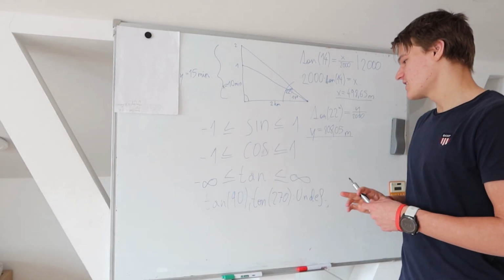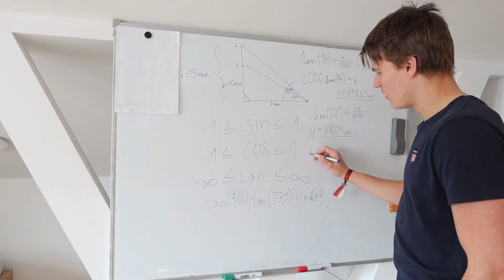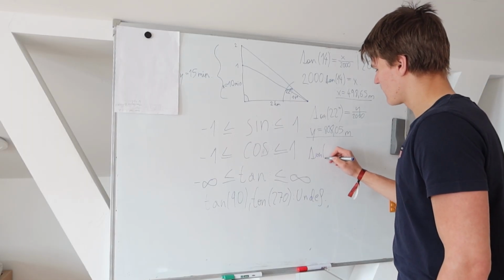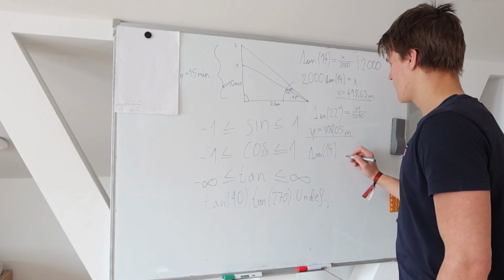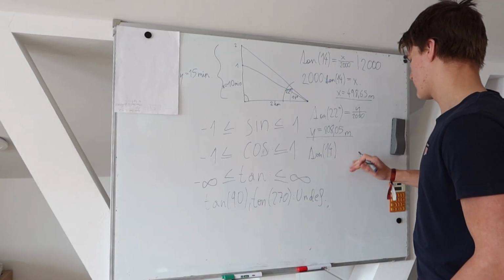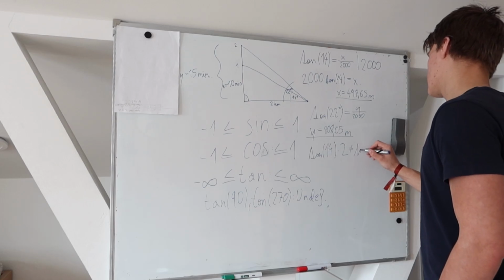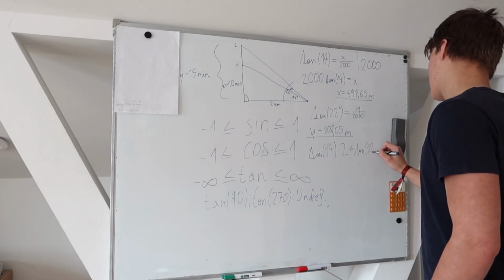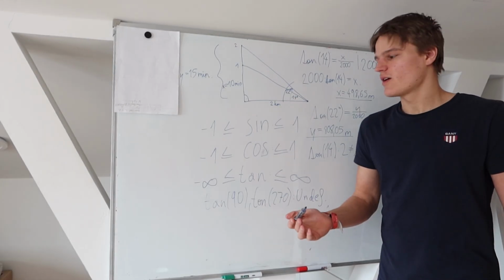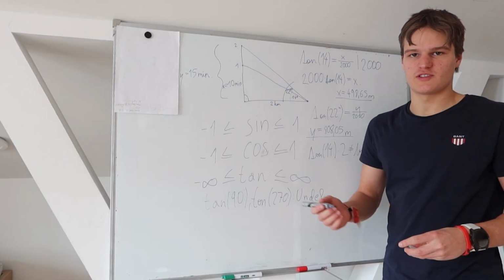So what does that tell us? Two things. Number one, tangent of 14 times 2 is not the tangent of 22. Because if it were, then we would get the double of this result. Does that make sense?